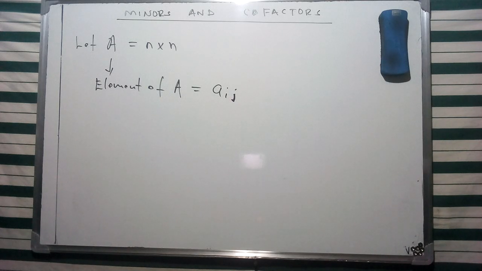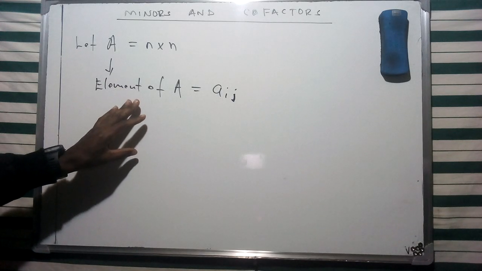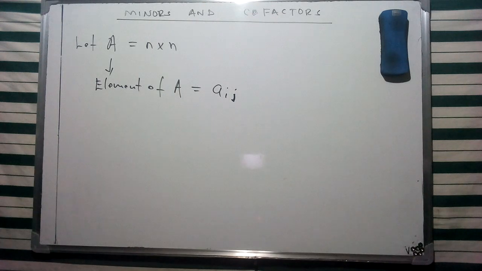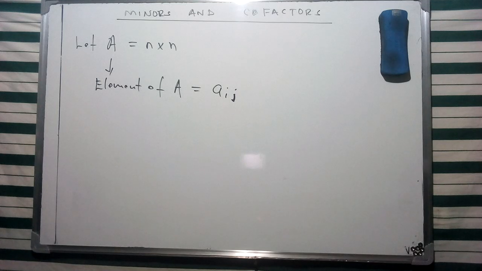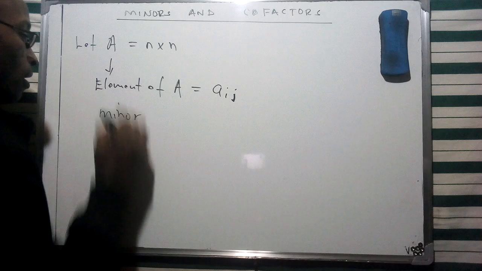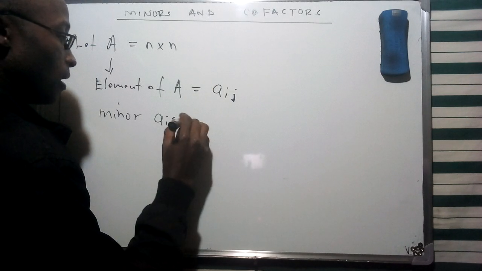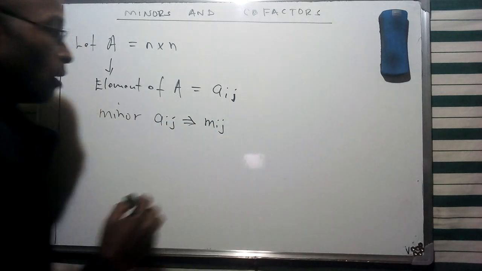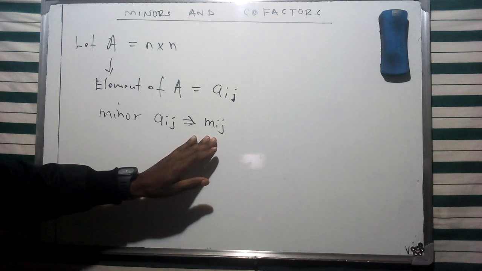Now we can define what we refer to as the minor of this specific element a_ij, given in terms of M_ij, and we're going to illustrate this with an example, which will be more elaborate for us.